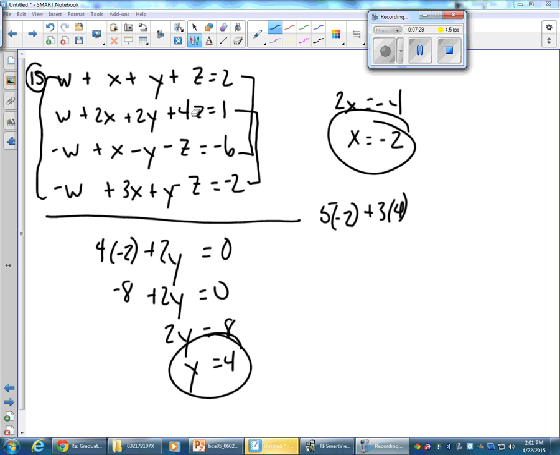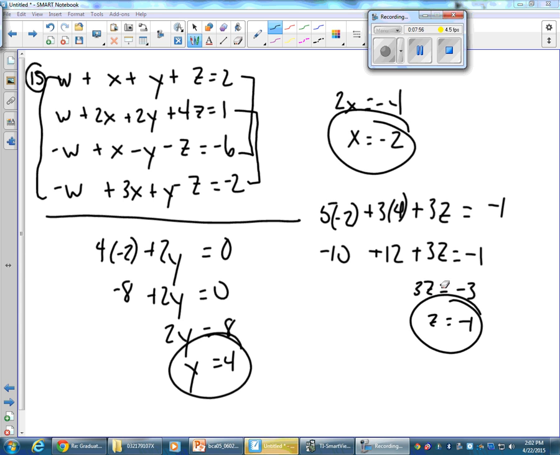And then 4z minus z would be 3z. And 1 plus -2 is -1. So I get -10 plus 12 plus 3z equals -1. Subtract 2, 3z equals -3, so z equals -1.